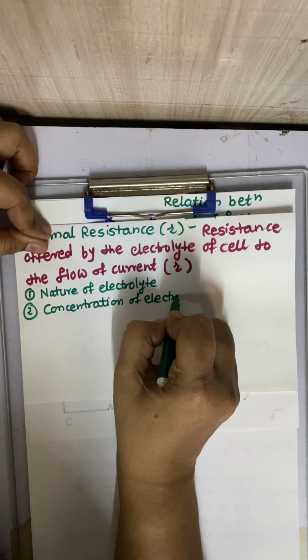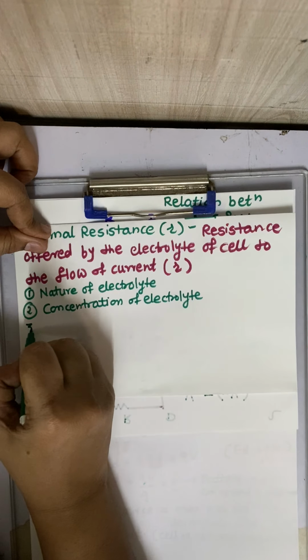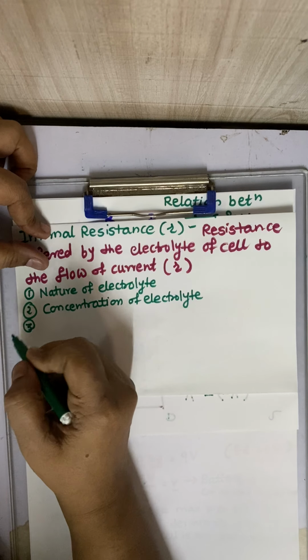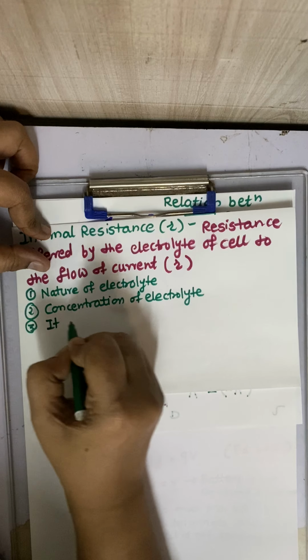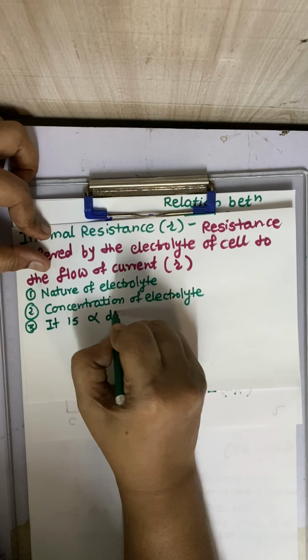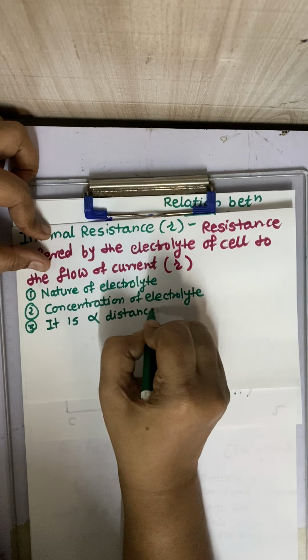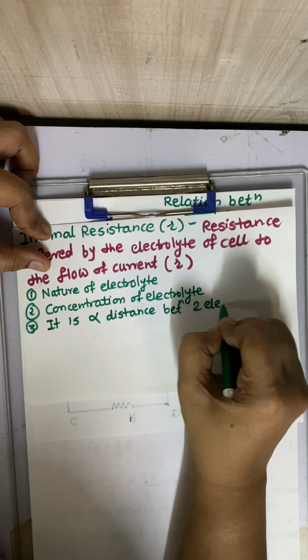Now the third point is that it is directly proportional to the distance between the two electrodes.